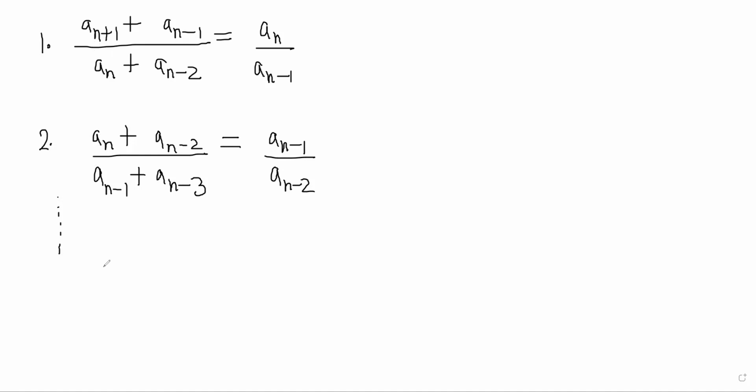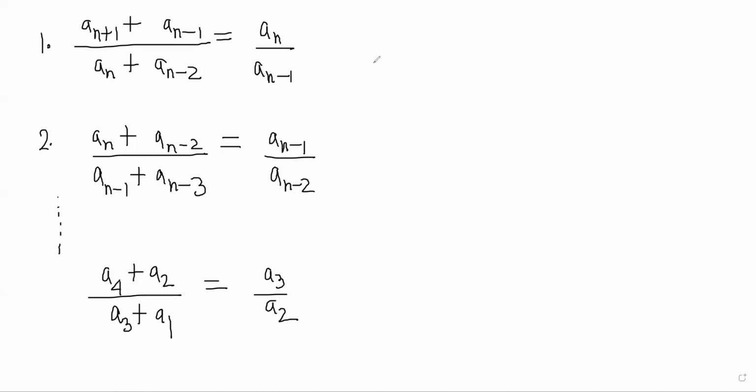So the next term would have been (a_{n-1} + a_{n-3}) / (a_{n-2} + a_{n-4}) = a_{n-2} / a_{n-3}. Similarly, if you keep doing this, eventually you can end up here, and it is (a_4 + a_2) / (a_3 + a_1) = a_3 / a_2, right? You can keep constructing new equations like this.